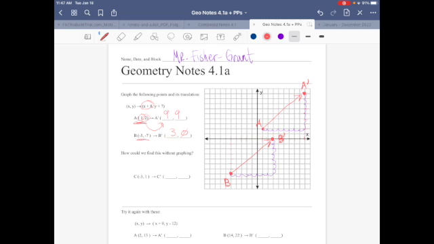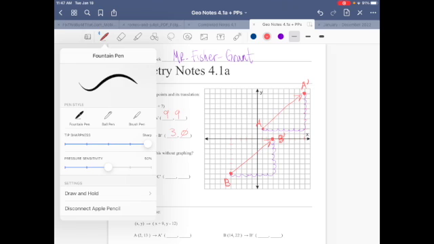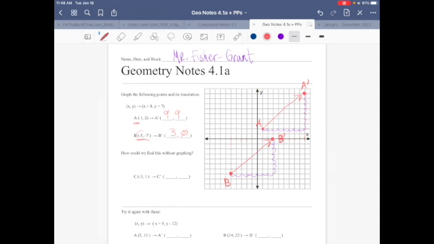And then 2 plus 7 also gives us 9. And we can prove it again with the B coordinate. -5 plus 8 is 3. And -7 plus positive 7 is 0.